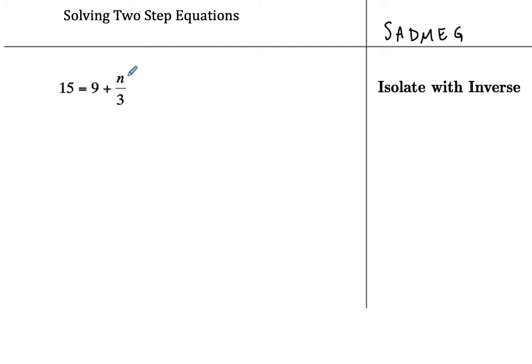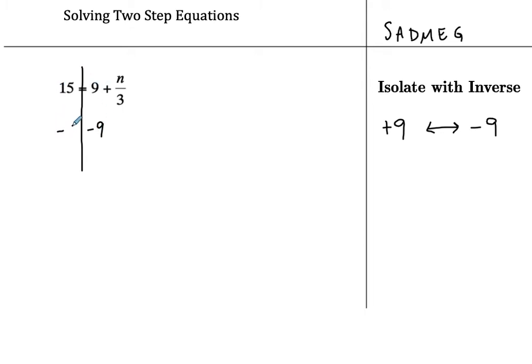So if I'm n, if I'm an unknown, I'm getting divided by 3, and then I'm being added to 9. Okay, so the opposite of adding this positive 9, or the inverse of positive 9, is subtracting 9.